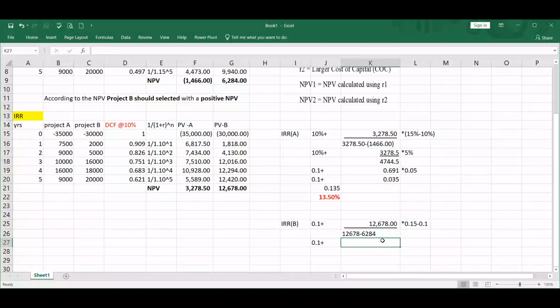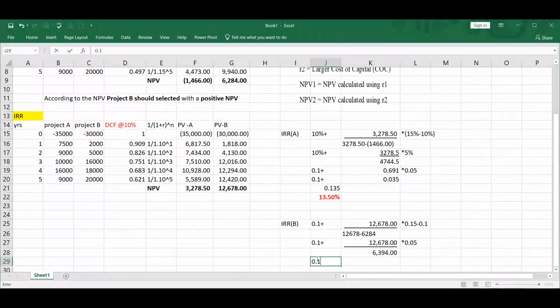So 0.1 plus this value minus this one, into 0.05.